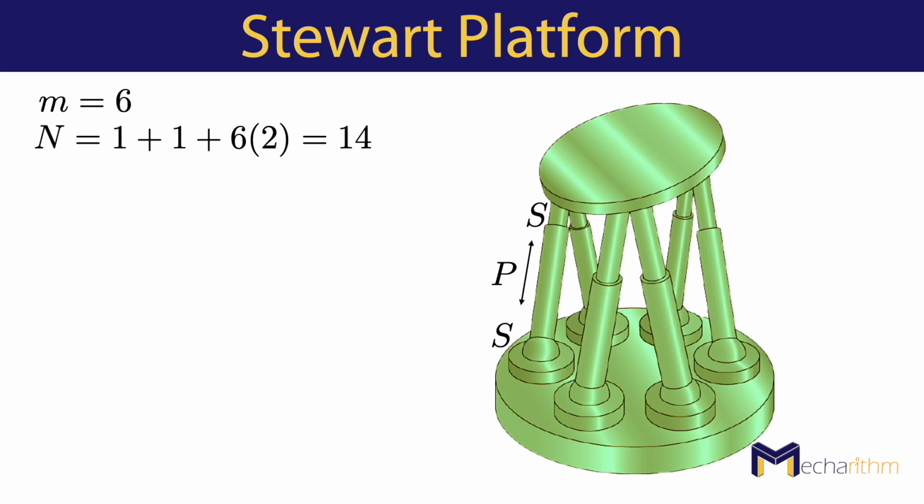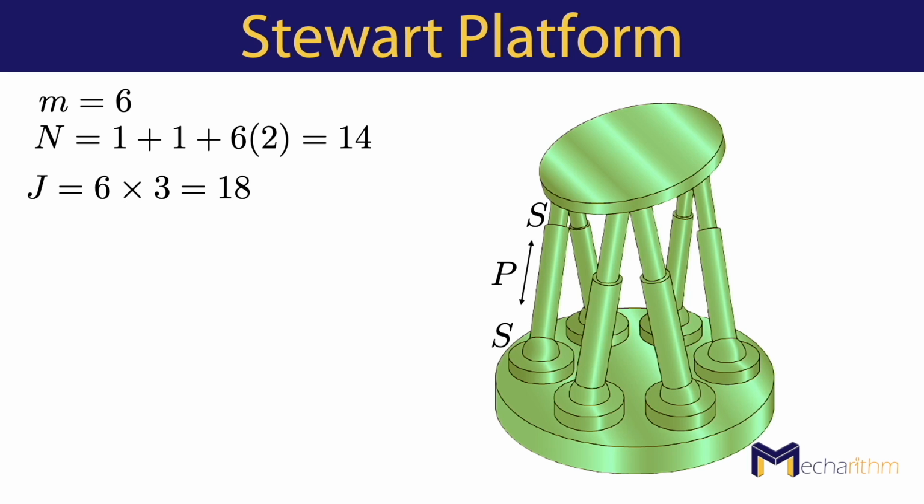It has 14 links because we have 2 platforms, top platform and the bottom platform, that provide 2 links, and each leg has 2 links. So 6 times 2 is the total number of the links of the legs. So it has 14 links in total.